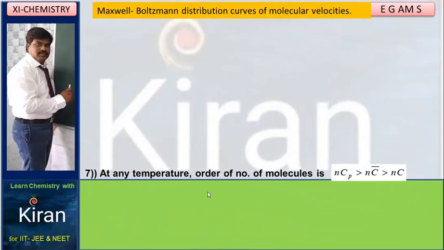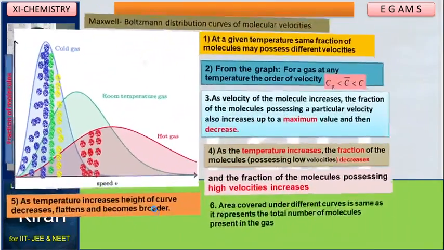Seventh point, at any temperature, the order of number of molecules is like this. Cp, more number of molecules are there. It means the most probable velocity molecules number is high. Next, the average velocity molecules number is less, and RMS velocity number of molecules are very few. See here the graph.